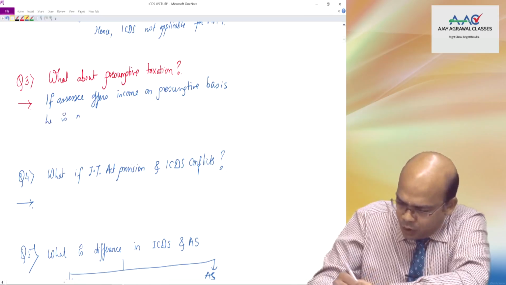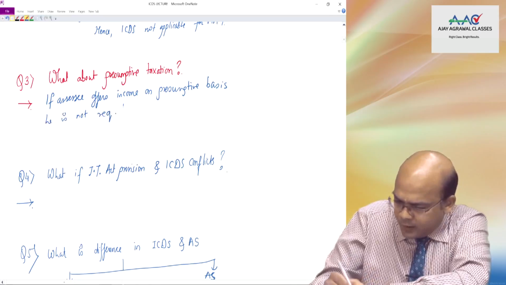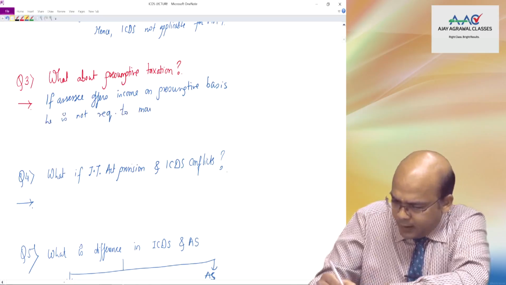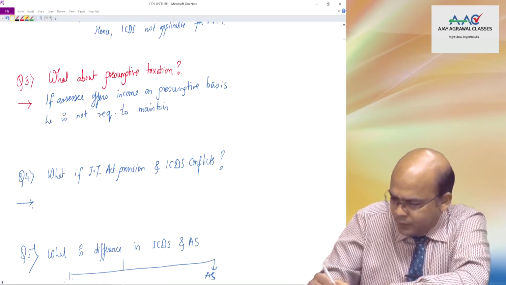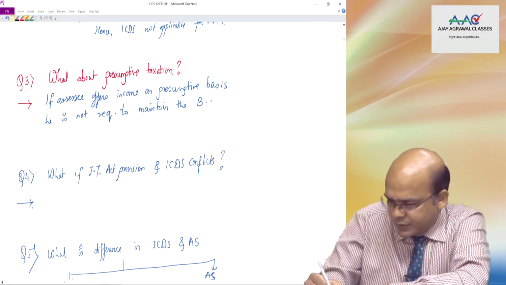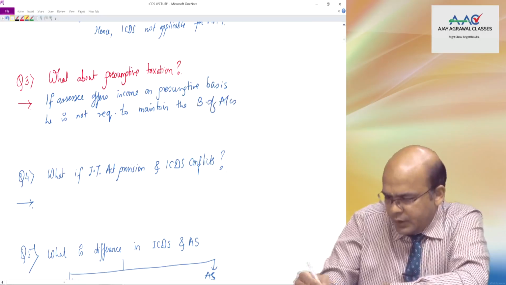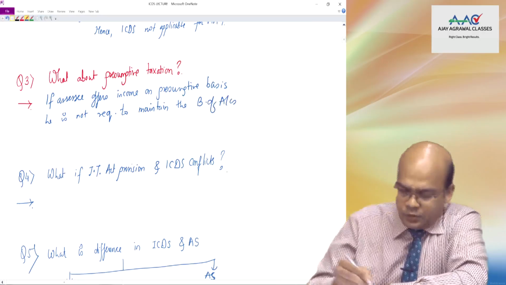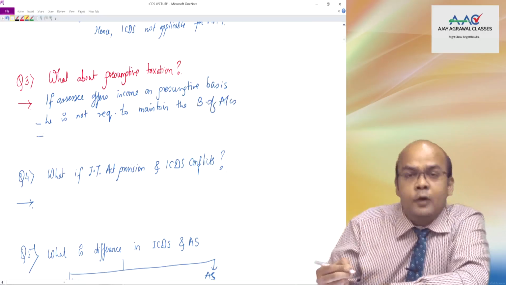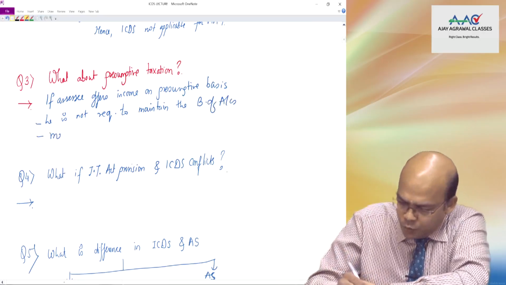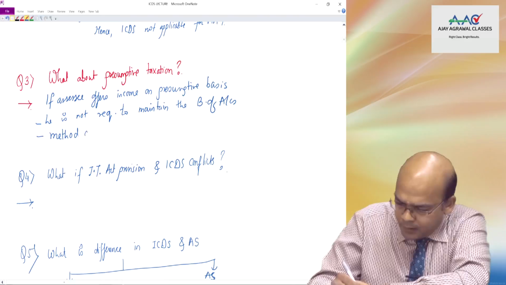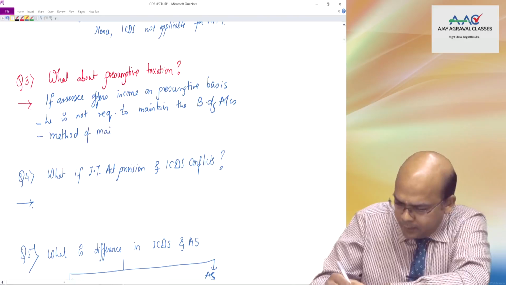He is not required to maintain the books of accounts. If he is not required to maintain the books of account, there is no question of the method of maintaining.